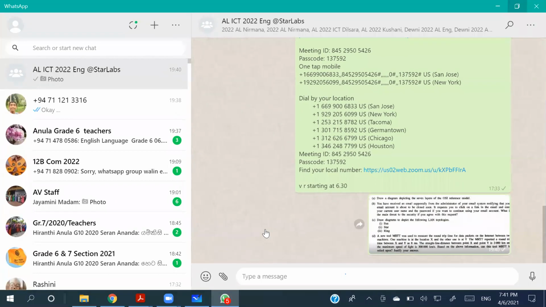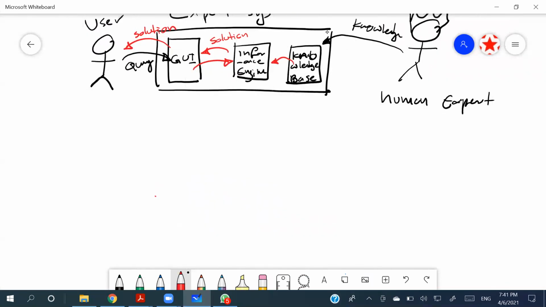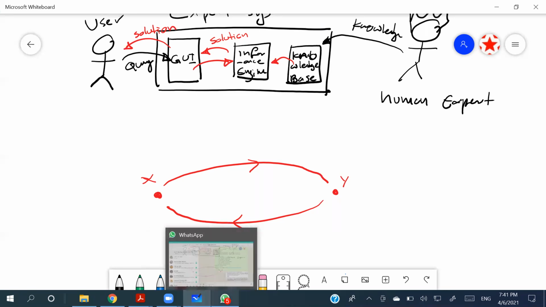So round trip time means the time that it takes to travel from one point to another point and to come back to the same point, right? So the time taken for the entire journey. Keep that in mind and try the question.